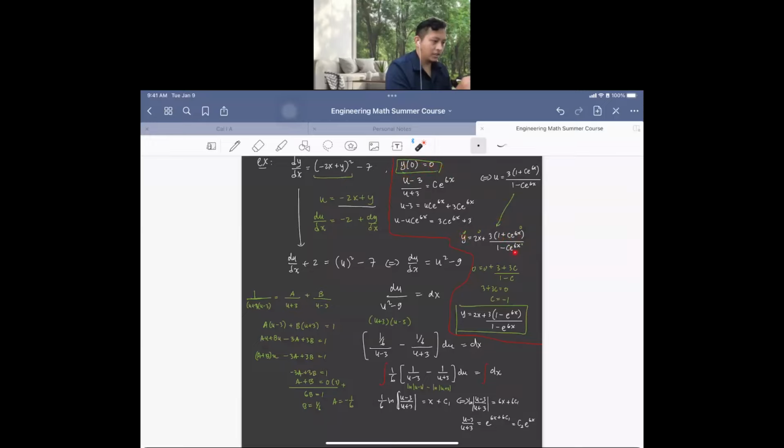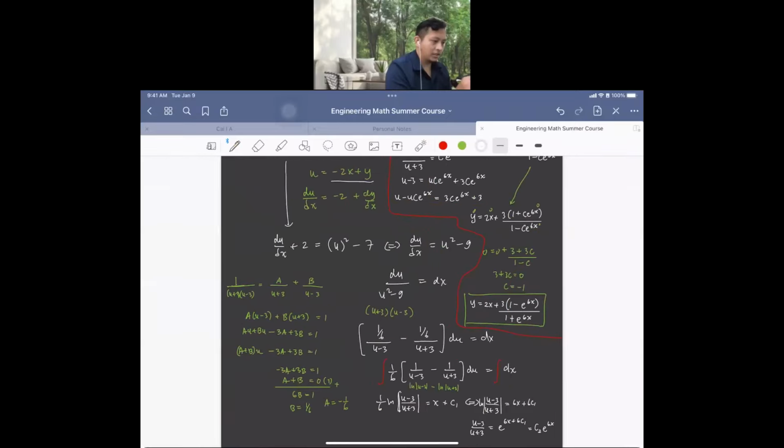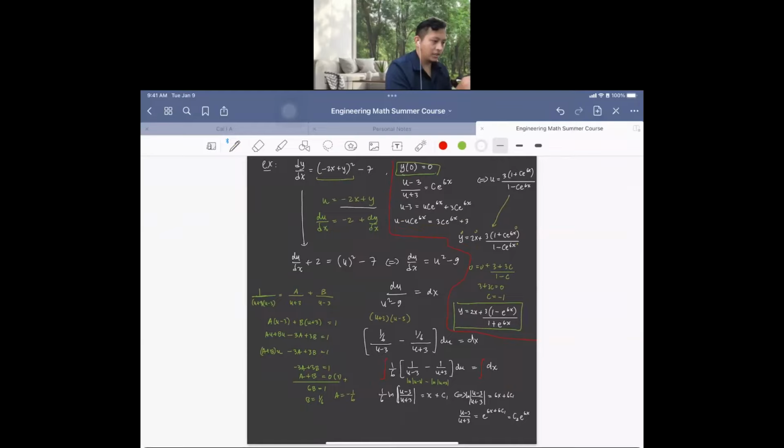Put in 0, 0, and it becomes 0 plus 3 plus 3c over 1 minus c, but it's equal to 0, so we simply say that 3 plus 3c is equal to 0. So c is supposed to be negative 1 to make the solution complete. So we plug in negative 1 to this c here, and this becomes positive 1. Any questions?